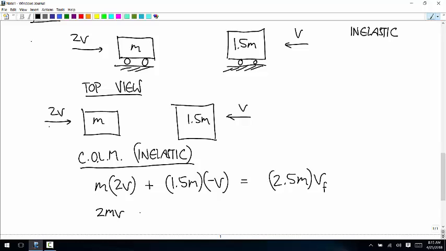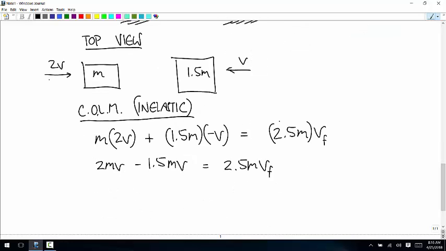So 2 mv minus 1.5 mv is equal to 2.5 m vf. And we're trying to find vf in terms of v. So the m's cancel out, and you get 0.5 v is equal to 2.5 vf. So vf is equal to 0.2 v.